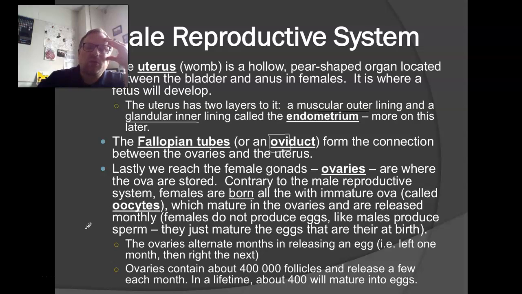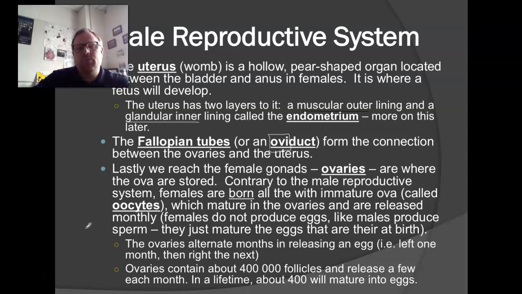Females are born with all the eggs they ever will have, all the immature ova or oocytes that they will be born with. They're born with that, and that's all they will ever have. In males, we produce sperm at the onset of puberty, millions and millions of them, whereas in the female system, all of the eggs are there at birth.